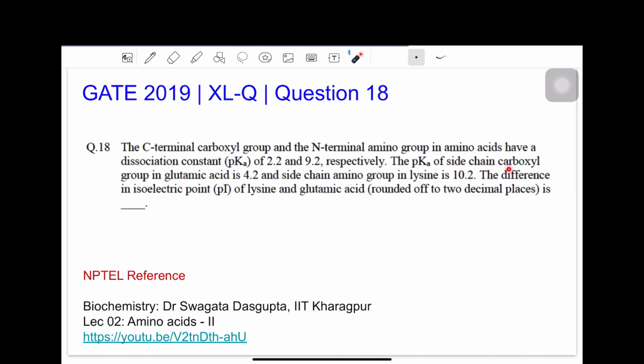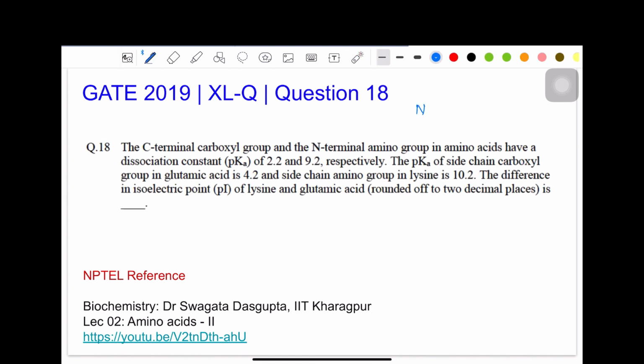The pKa of the side chain carboxyl group in glutamic acid is 4.2 and side chain amino group in lysine is 10.2. The difference in isoelectric point or Pi of lysine and glutamic acid, rounded off to two decimal places.